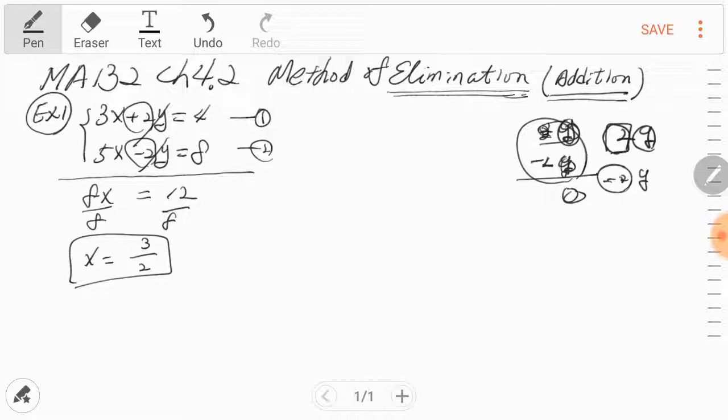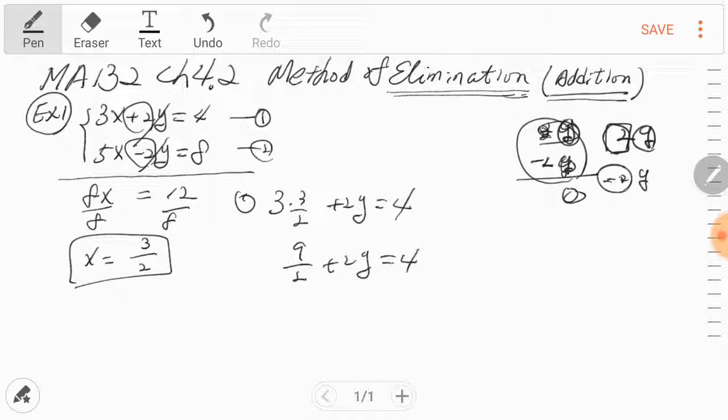You can use any equation. Let's use the first equation. 3 times x, which is 3 over 2, plus 2y equals 4. So 3 times 3 over 2 is 9 over 2, plus 2y equals 4.